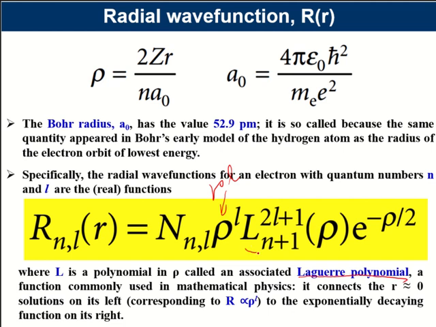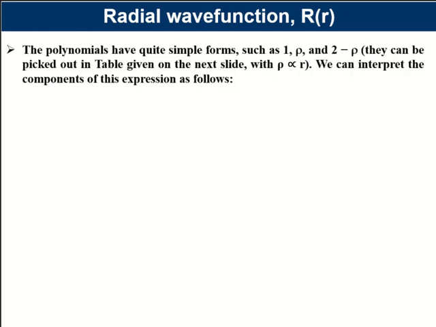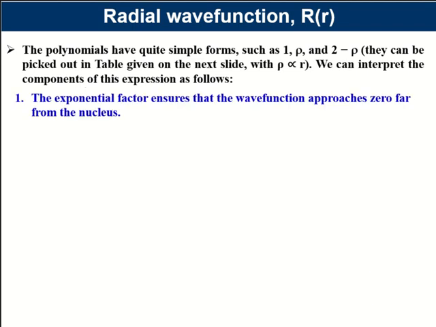So this particular thing is that Laguerre polynomial. The polynomials have simple forms, for example, 2 minus rho.